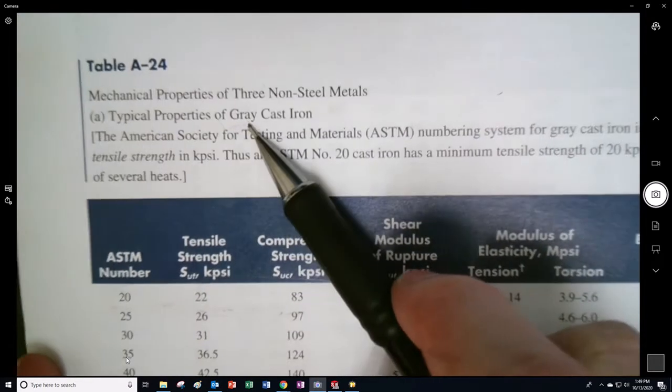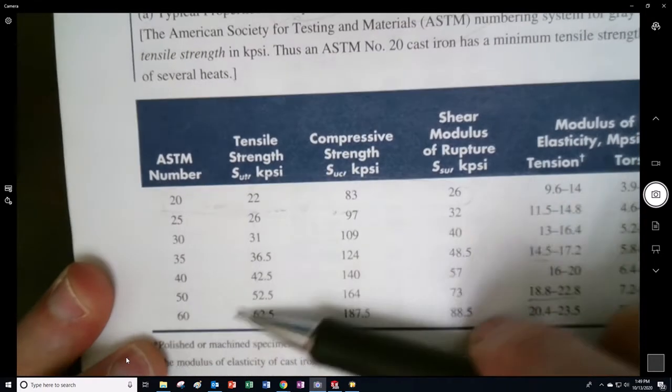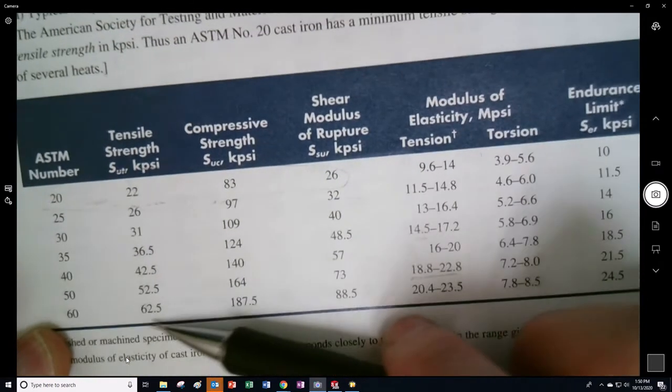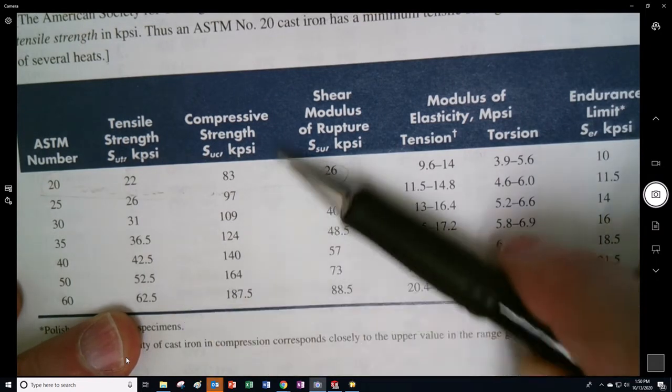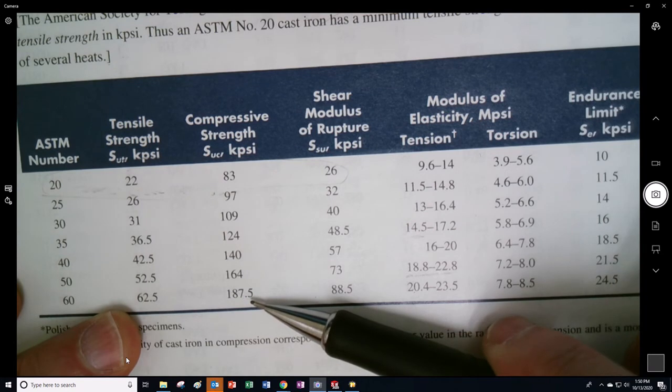This is gray cast iron, and the ASTM number is 60 right here. And you see it has tensile strength of 62.5, but compressive strength of 187.5.